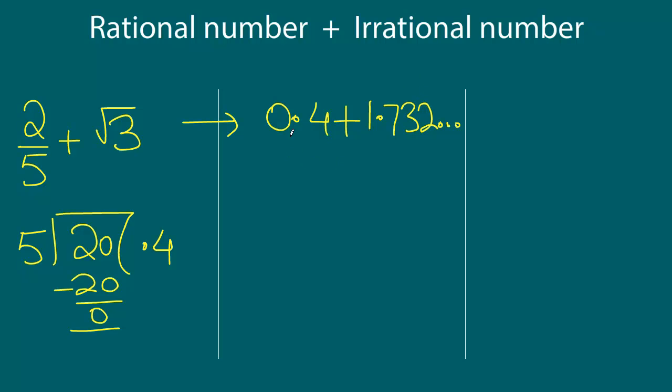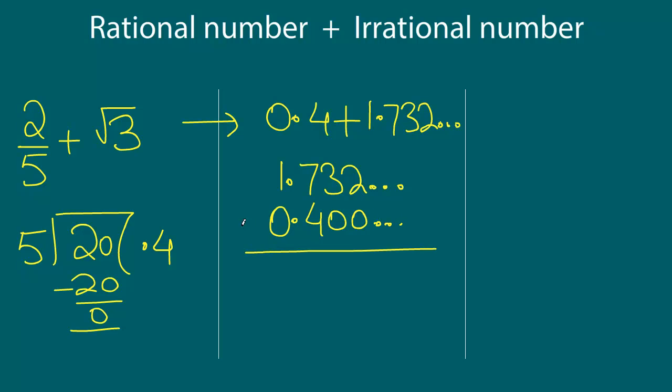So if you were to write this up, 1.732 goes on like this, and here we have 0.4. So what happens here? Well, these other digits we can write as zeros, right? So if we add, from the second decimal place onwards, it will be exactly like this.